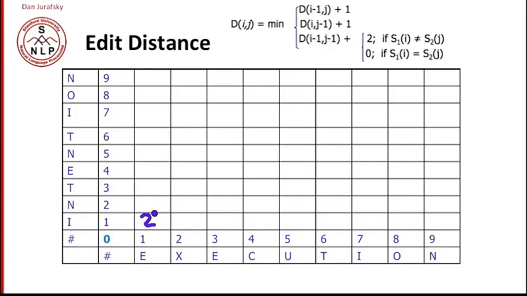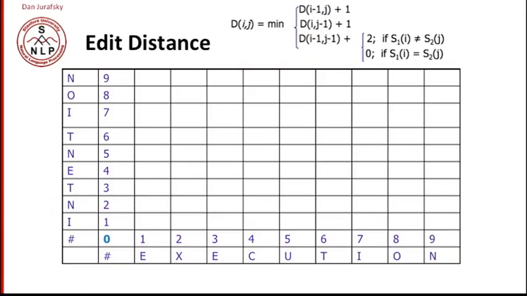Similarly, if we want to know the distance between in and e, it's the minimum distance of in to nothing plus 1, so 2 plus 1, or 3, or the different distance between i and e plus the cost of adding in that n, or 3, or the cost of having just an i and adding in that n to e substitution, which is 2, or 3.